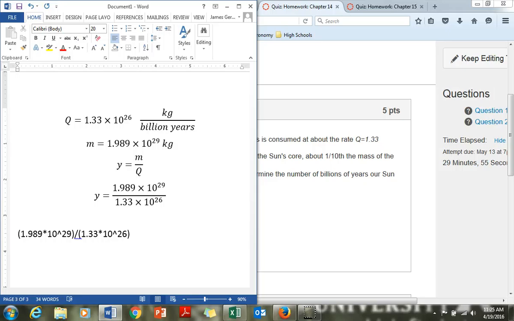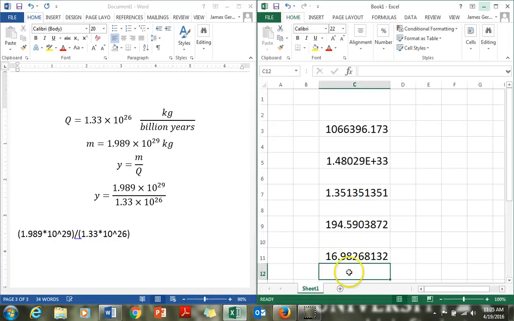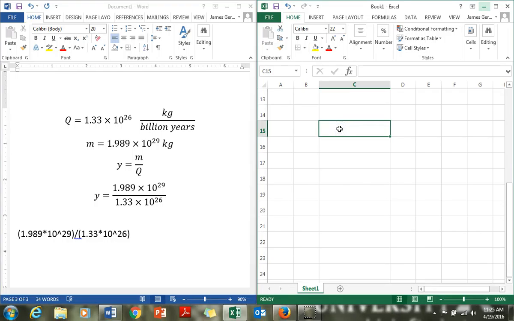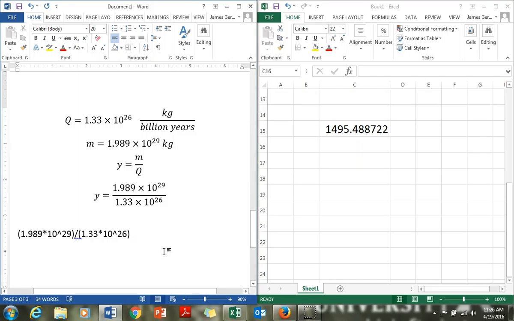Do it that way, and that'll help you make sure you're calculating what you think you're calculating. It's easier in Excel because I can just put 1.989E29 and 1.33E26, and I get 1495 billion years.